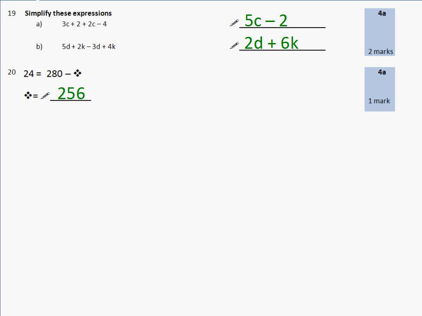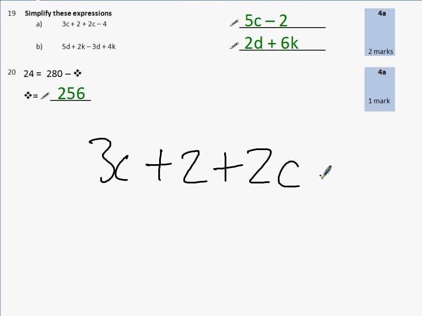Question 19. Simplify these expressions. 3c plus 2 plus 2c take away 4. What do you need to do? You need to get the terms that have the same variable together, and if they don't have a variable, like this one and this one, then you get them together. So I'll get these.